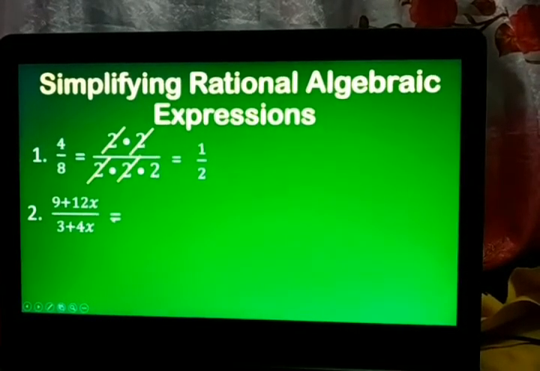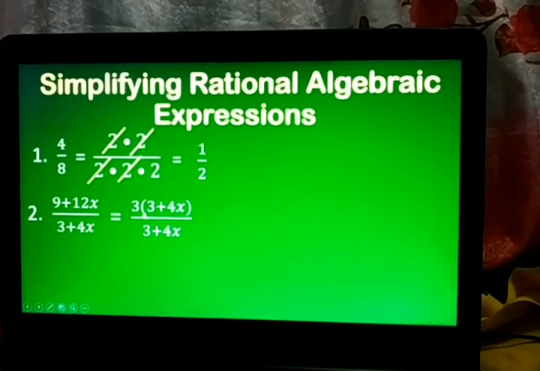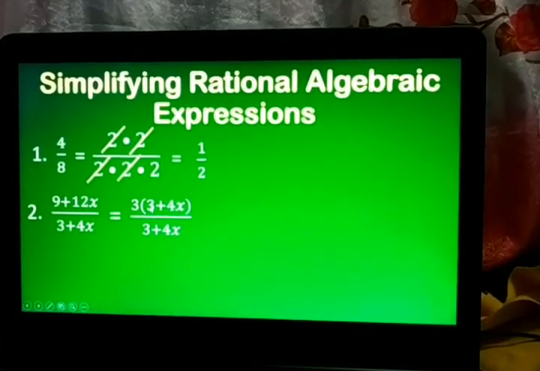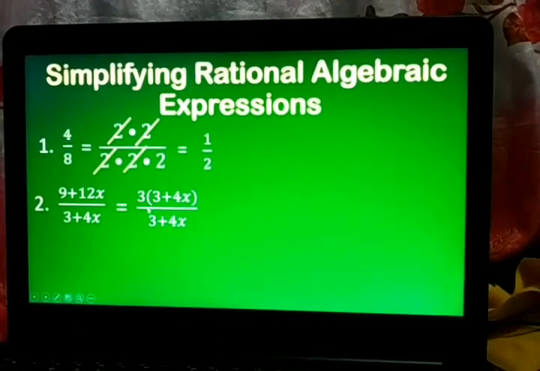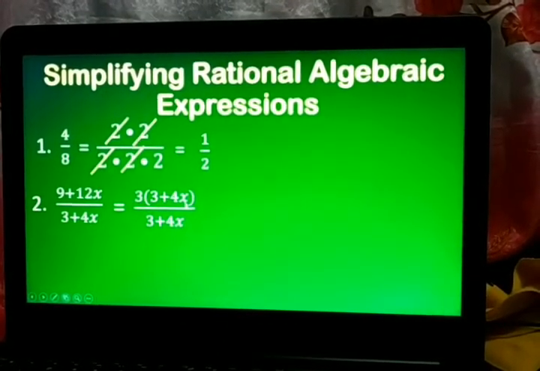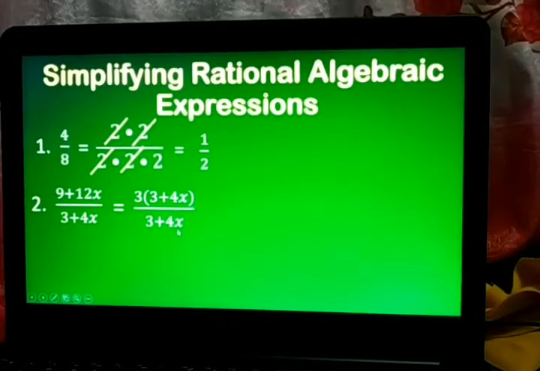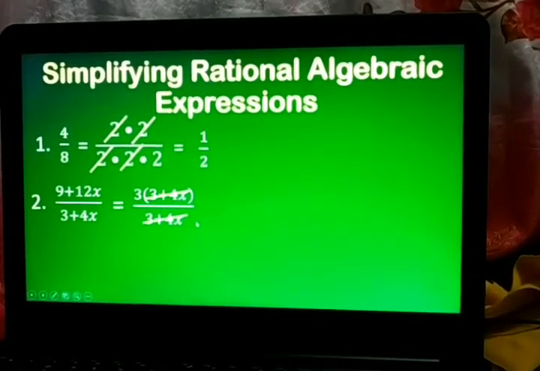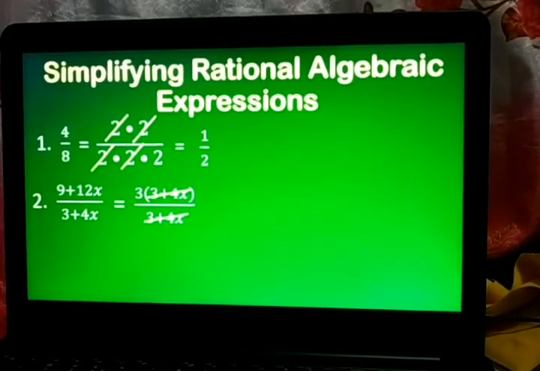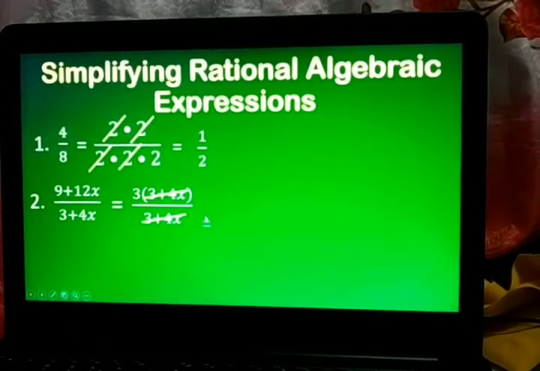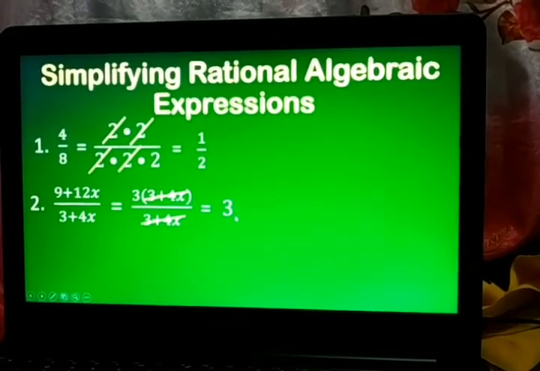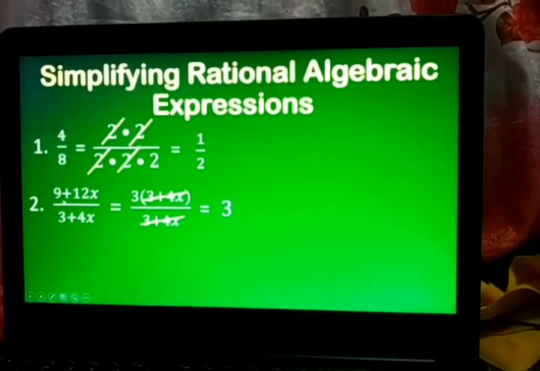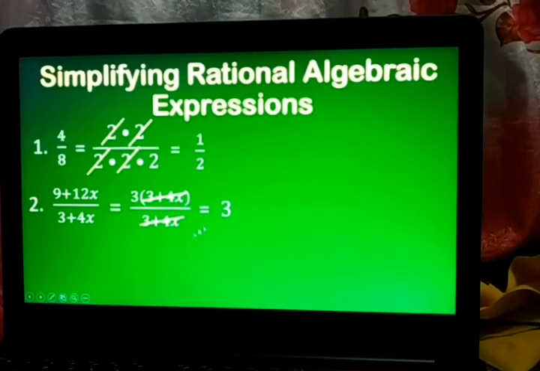So let us factor the numerator only. It becomes 3 times 3 plus 4x. Take note, there is a common factor of 3 plus 4x in the numerator and in the denominator. Let's cancel them out. So the remaining answer is 3. 3 is the simplified expression of 9 plus 12x over 3 plus 4x.